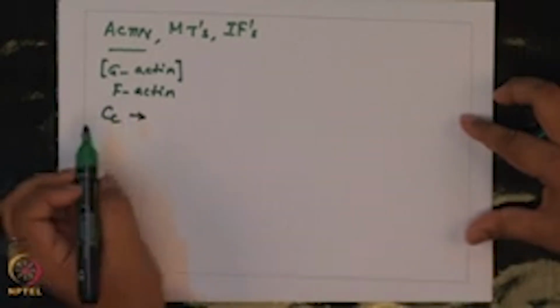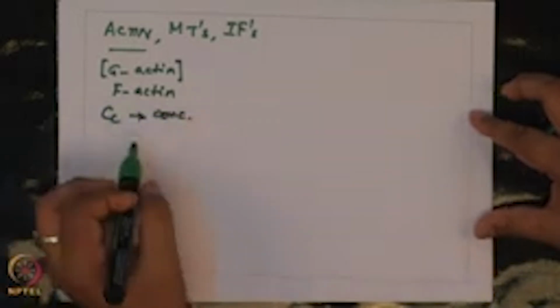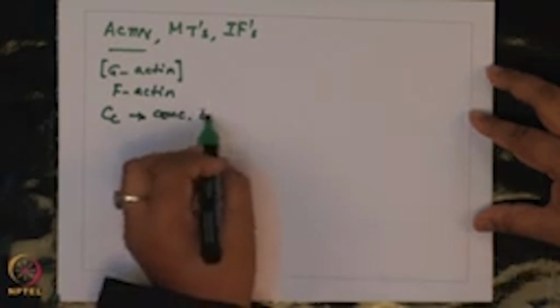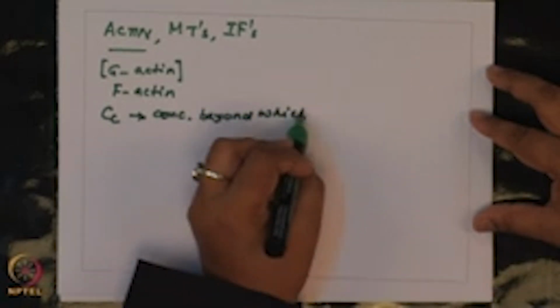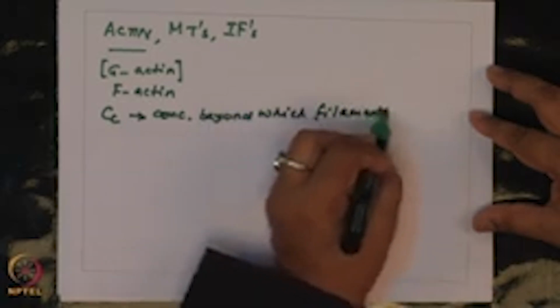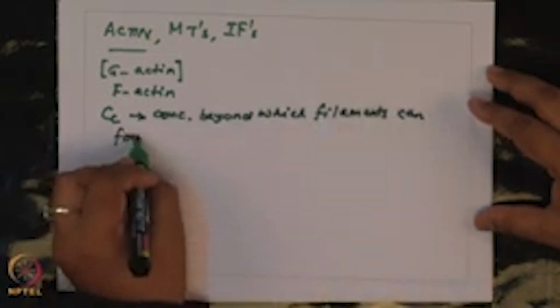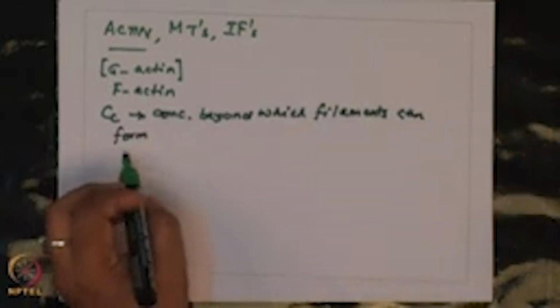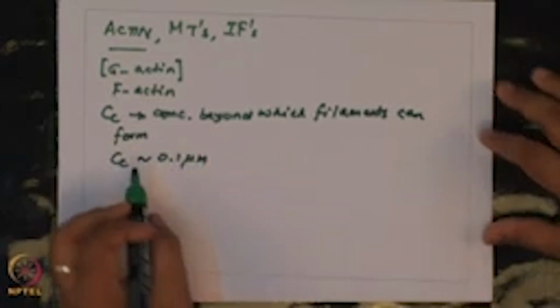Cc is the critical concentration, beyond which filaments can form. And this Cc has been estimated to be of the order of 0.1 micromolar.